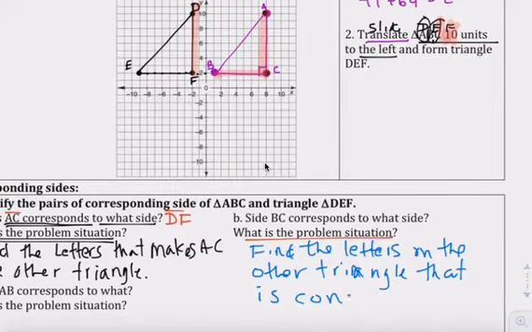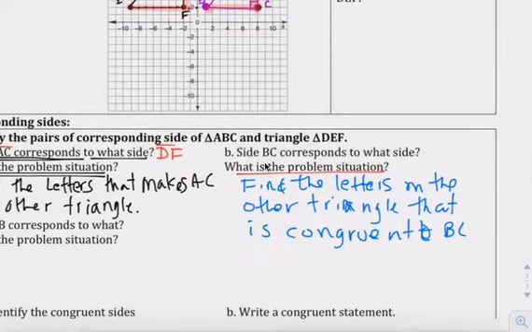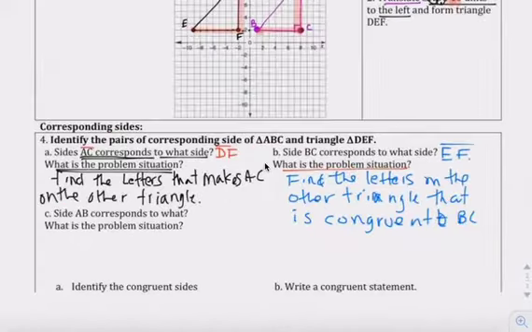We want to use the word congruent. So for BC, on the other triangle that's congruent is EF. So put line segment EF. Okay, it corresponds to this.